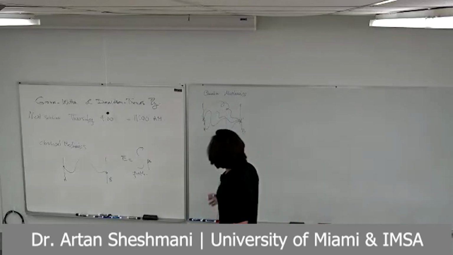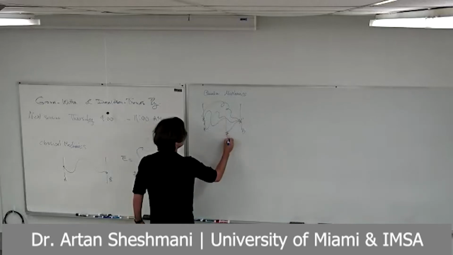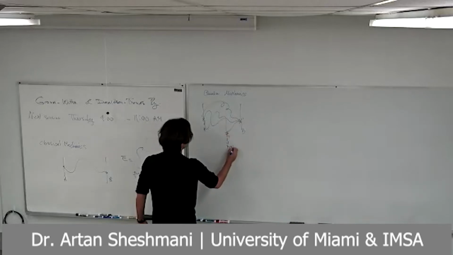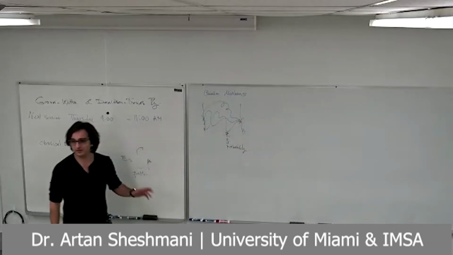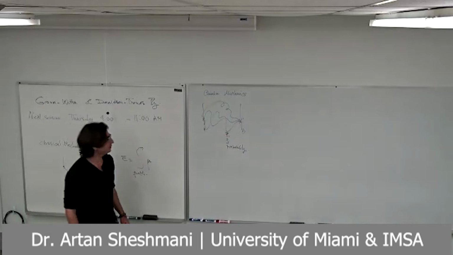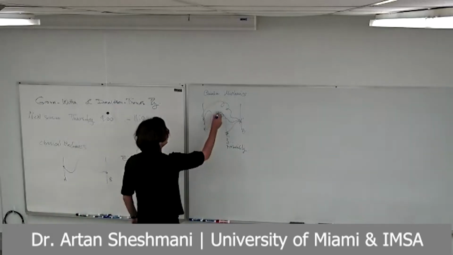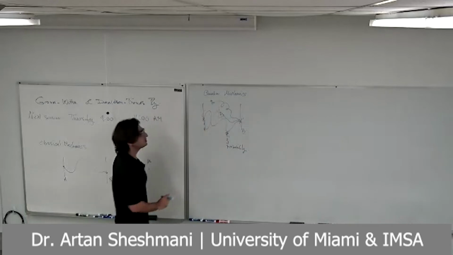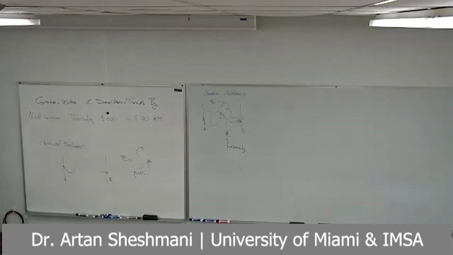And everything is probabilistic. So there is a probability P1 that your particle can take path number 1. And then there is a probability P2 that your particle can take path number 2. And it keeps going like that. So there is always a chance that your particle takes one of these paths.